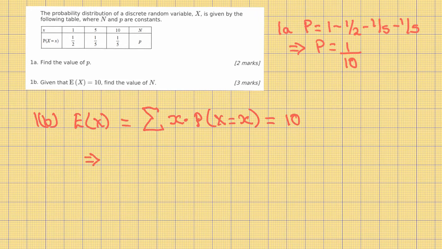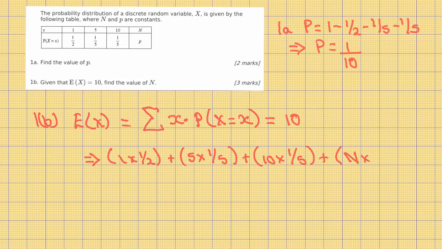Therefore, 1 times a half plus 5 times a fifth plus 10 times a fifth plus n times 1/10, because p is 1/10, is equal to 10.